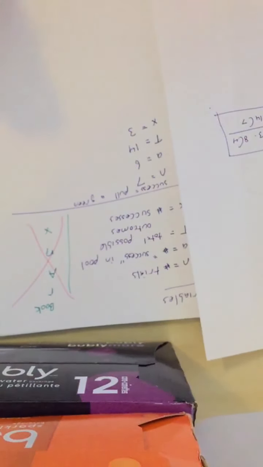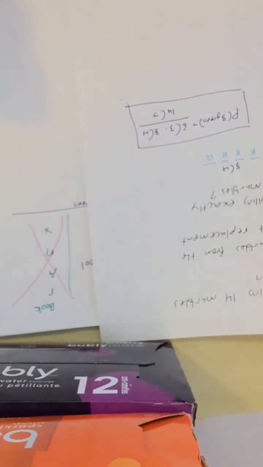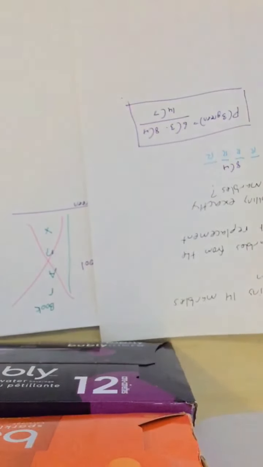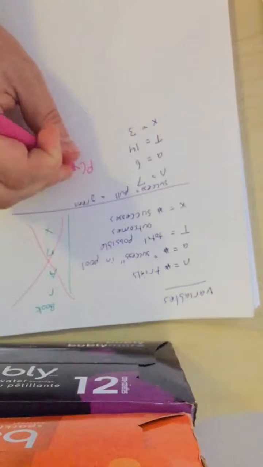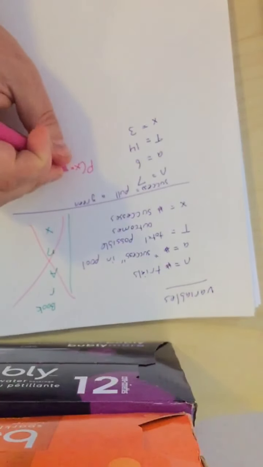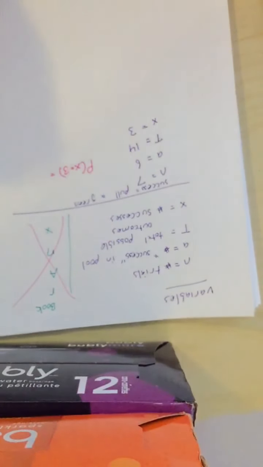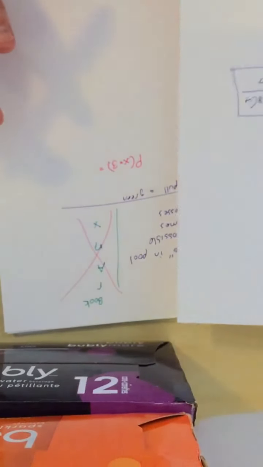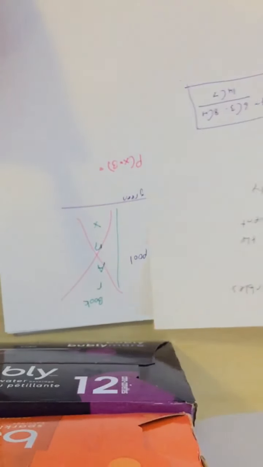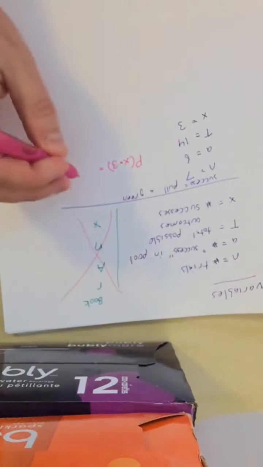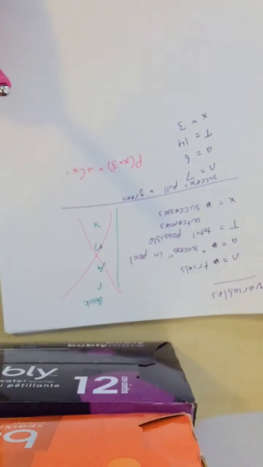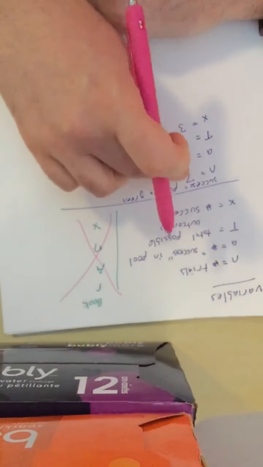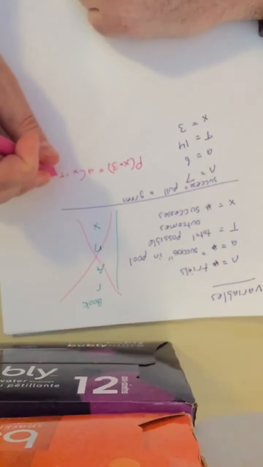And then if you remember, it was this thing over here. So our formula is going to be the probability that X equals 3, or X equals x, is going to be 6 choose 3. So it's going to be 6 choose x times 8 choose 4. So 8 was this minus this.